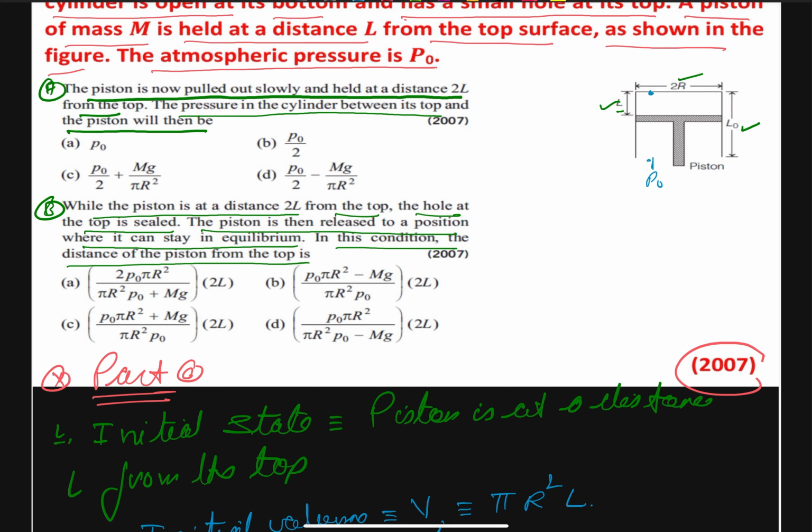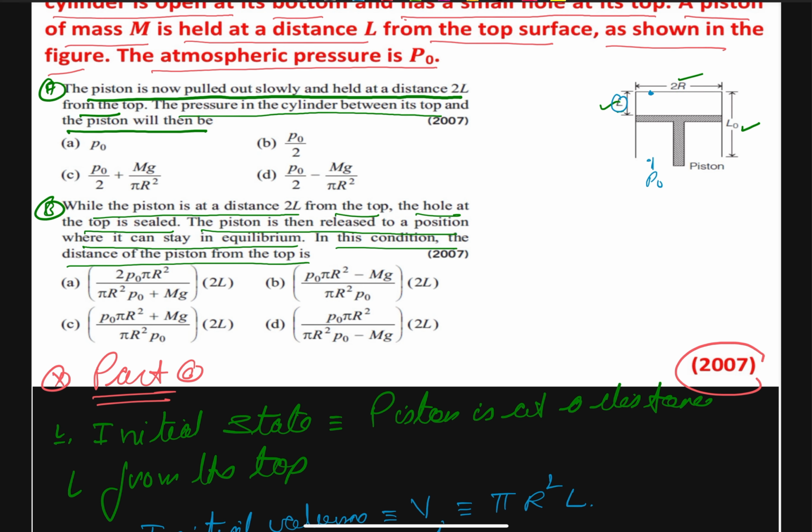At this particular position, we can say that the pressure inside the gas, which is between top and piston, must balance the forces acting on it. Or in simpler terms, because of the small hole at the top, the gas inside can be approximately at the same pressure, that is our P0, so that it remains balanced. We can just make a rough conclusion from this part.